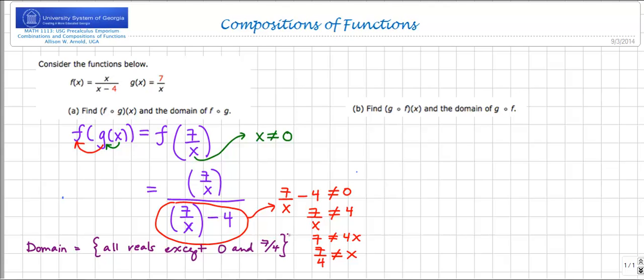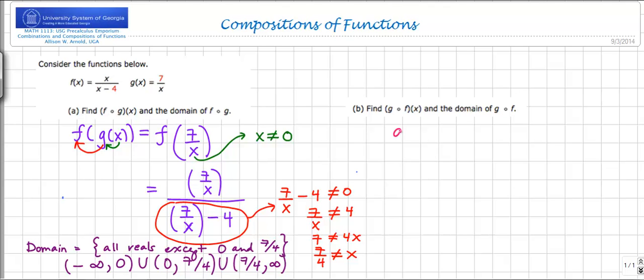If it's interval notation, then we would have minus infinity to 0, union 0 to 7/4, union 7/4 to infinity.